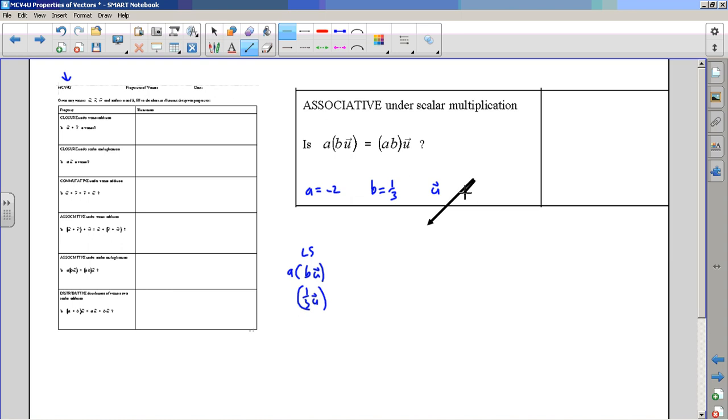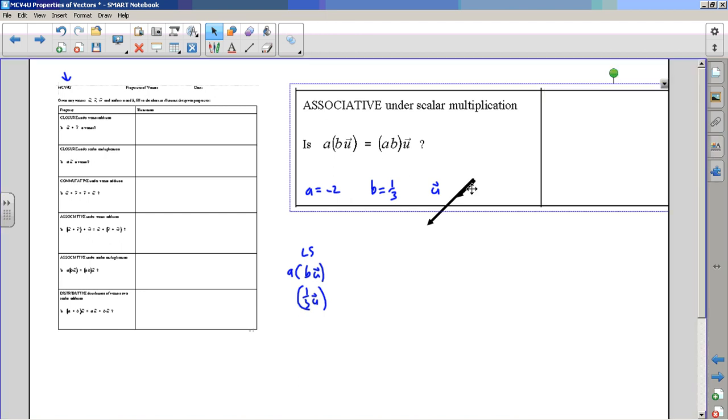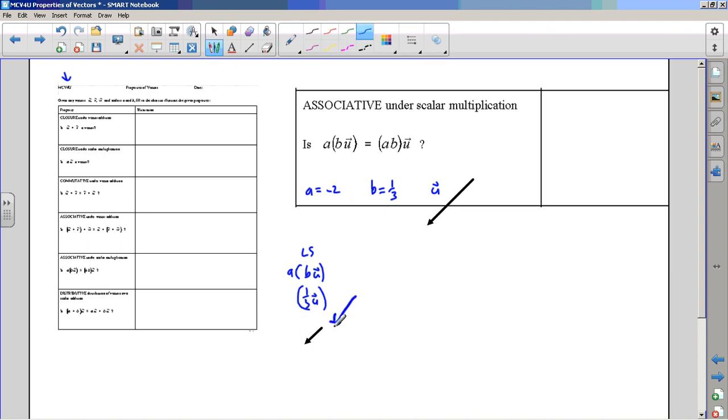I'm just eyeballing this. I could get out my ruler, I suppose, but I'm just going to eyeball it. Put my arrow on the end. And this vector here, that's 1/3 of U. And then if I have this vector now, which is -2 times 1/3 of U, -2 means twice as long in the opposite direction.